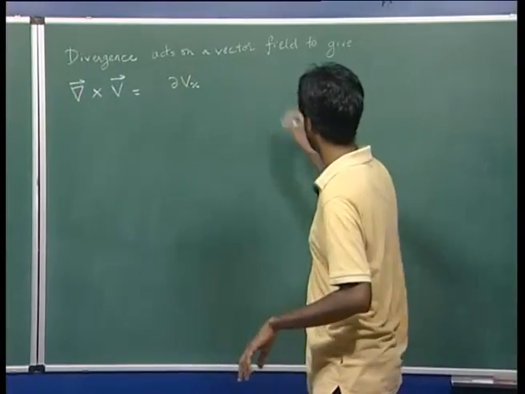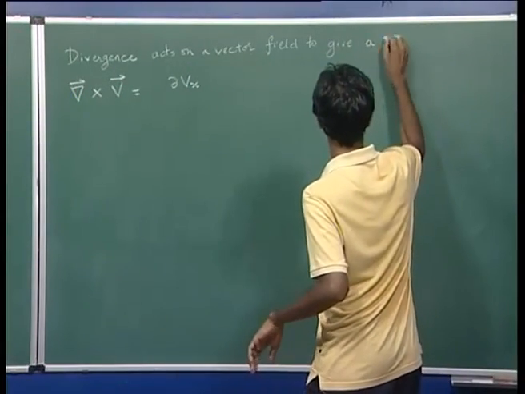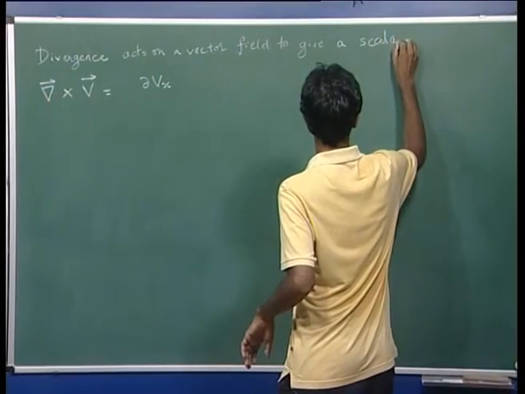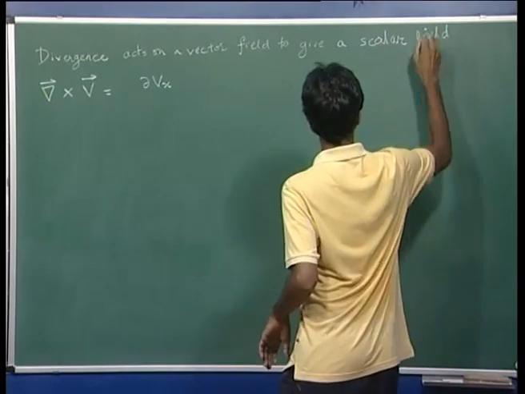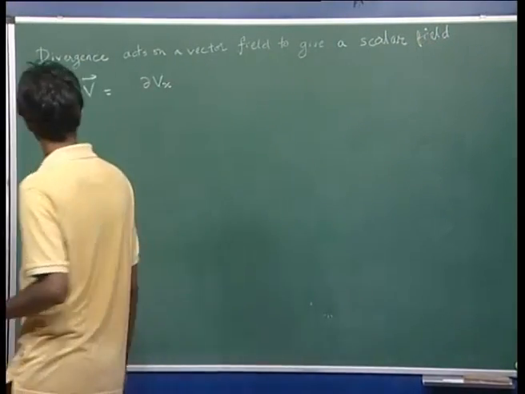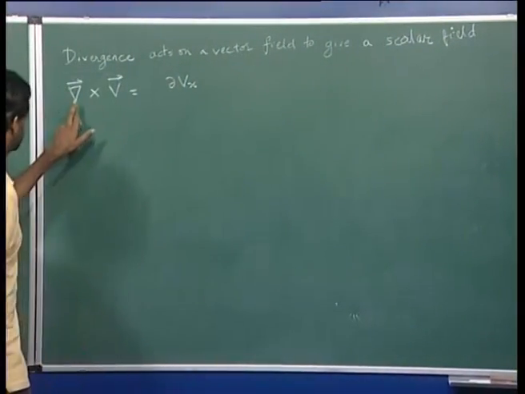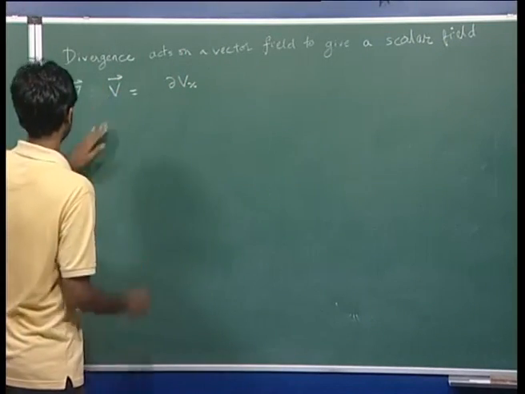So, the divergence acts on a vector field to give a scalar field. Okay. So, you can write the definition of the divergence as del dot V.